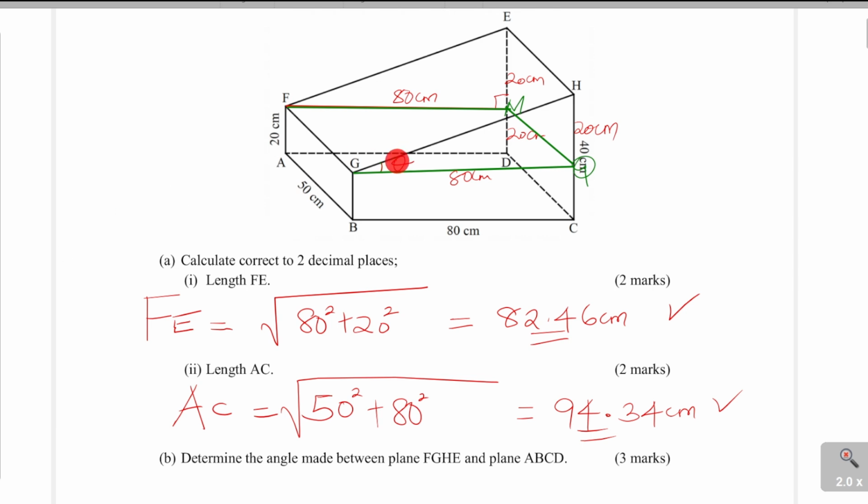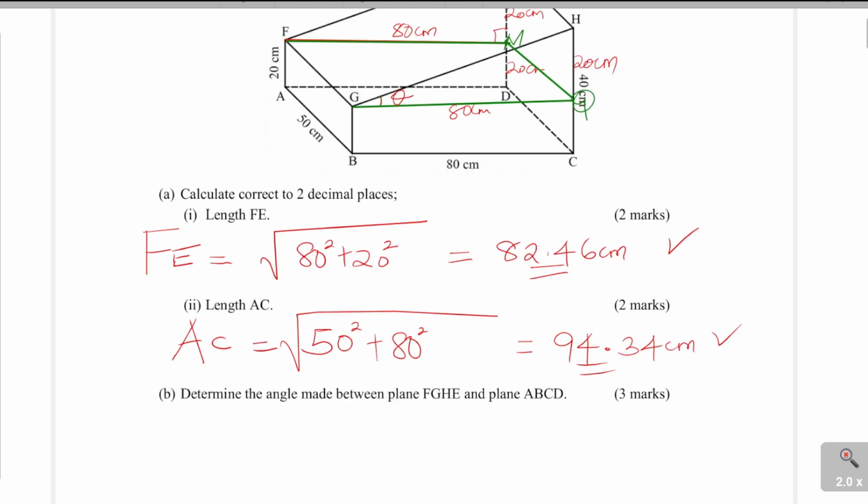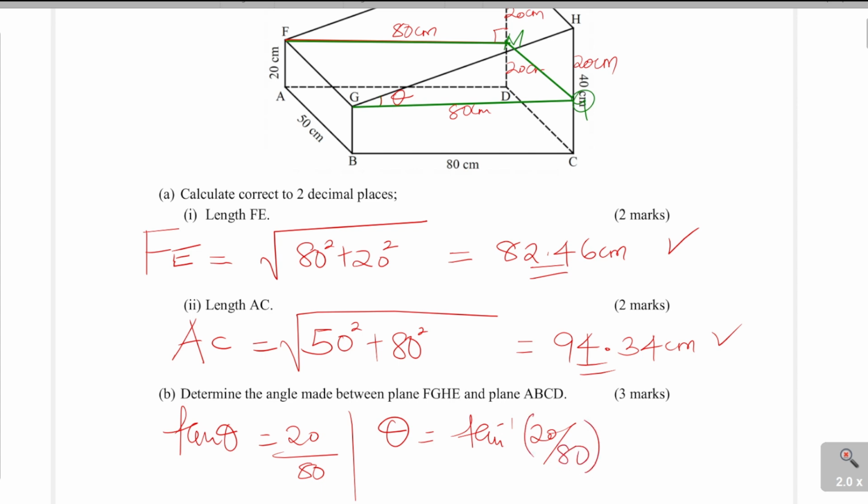So tan theta is given by the opposite side, which is 20, divided by the adjacent, which is 80. Therefore theta is the tan inverse of 20 divided by 80, and this gives 14.04 degrees. So that is the angle required.